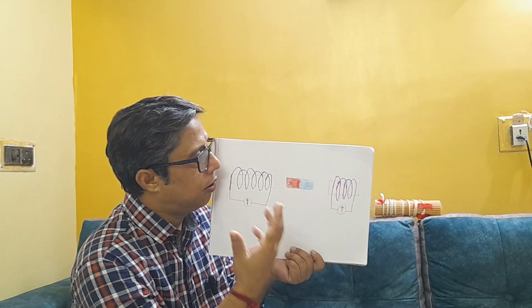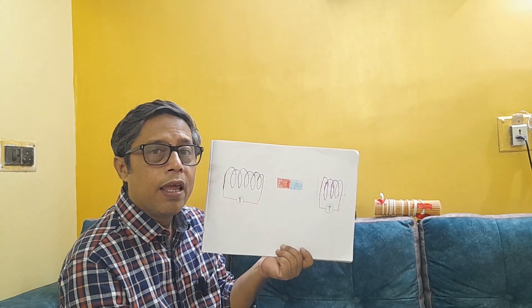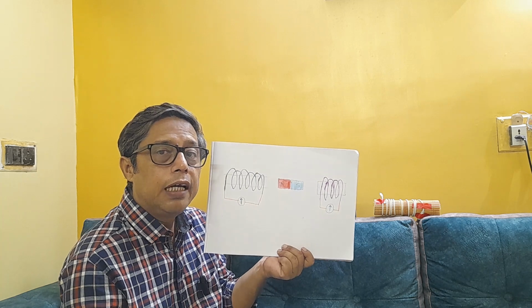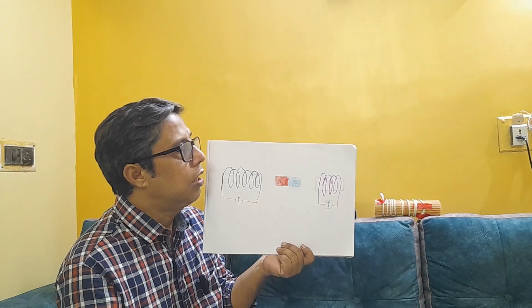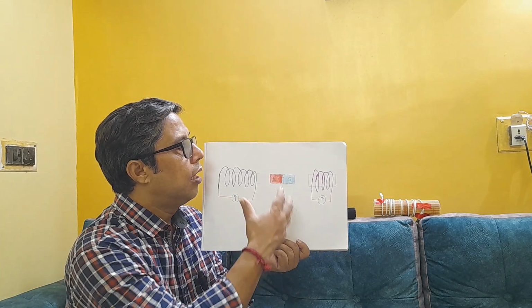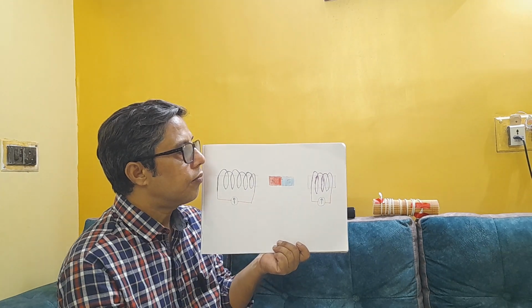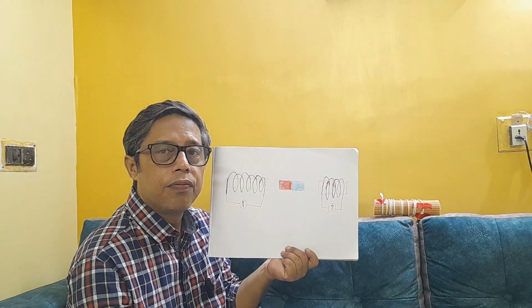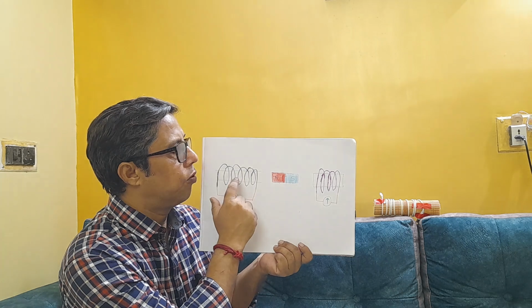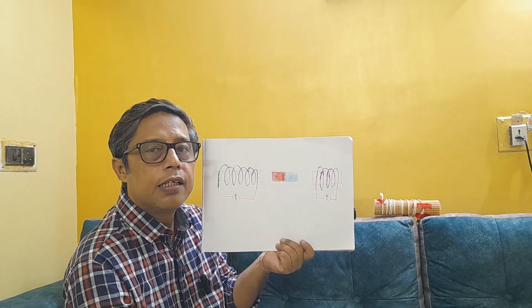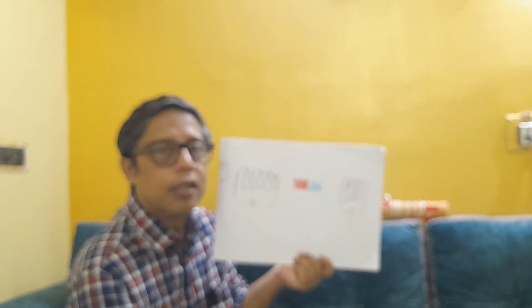Wherever the flux is increasing or decreasing, we consider the change in flux. Change in flux will induce the EMF, right? Induced EMF will happen for both circuits, so current will be produced here also, okay? Now the question is, what will be the polarity in these two?